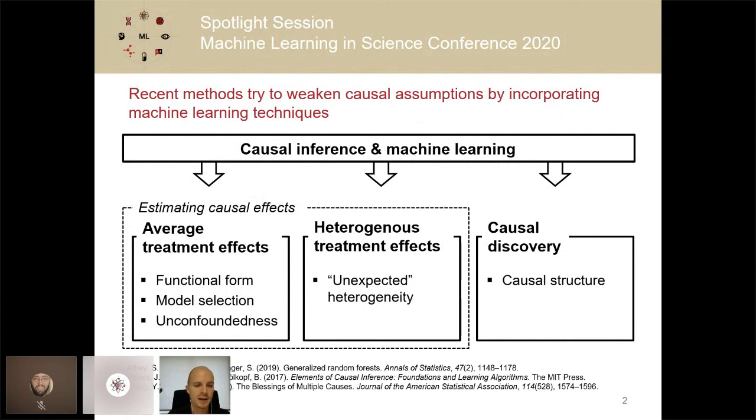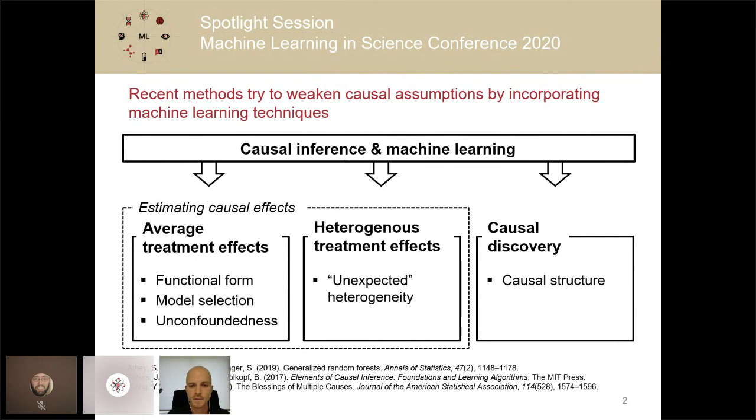And another kind of method wants to weaken the assumption that there is no unobserved confounding. The second category is concerned with the estimation of heterogeneous treatment effects, that is, effects that differ across subgroups or even across individuals of a population. Here, the goal is to weaken the assumption that a researcher has to know beforehand where to expect heterogeneity.